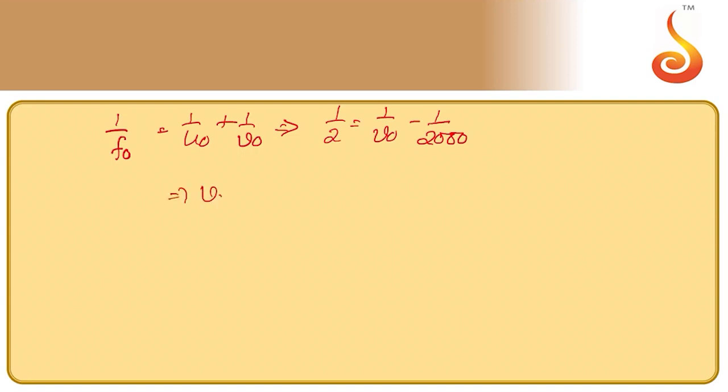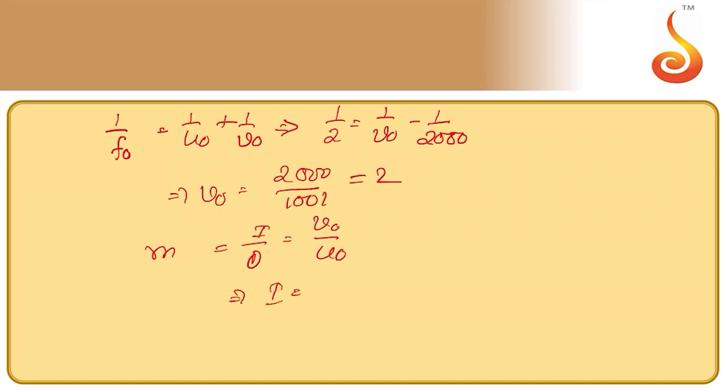Okay. So, 1 by f naught is equal to 1 by u naught plus 1 by v naught, giving me 1 by 2 is equal to 1 by V naught minus 1 by 2000. That is 2 kilometers. That gives me V naught is equal to 2000 divided by 1001, and I can take it as 2. Now, magnification of the objective is equal to I divided by O, that is V naught divided by U naught.